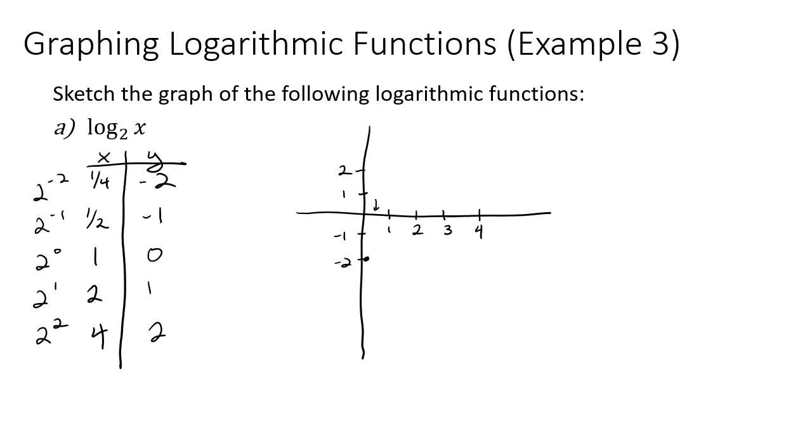At an x of 1/2, halfway to 1, we're down at negative 1. We've got 1, 0, 2, 1, 4, 2. And so the graph that we end up getting for this looks a little bit like this.